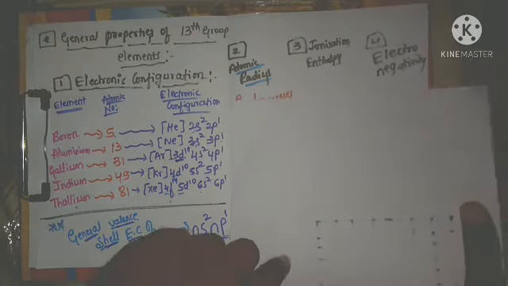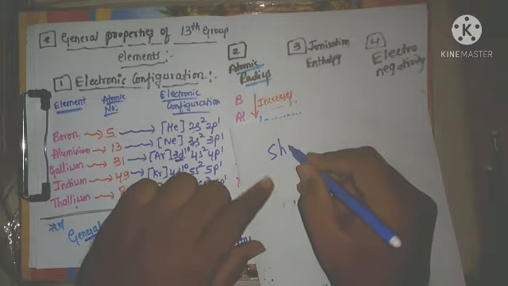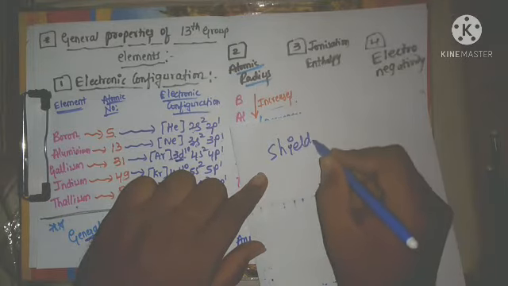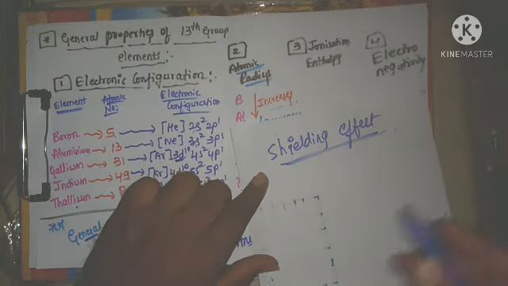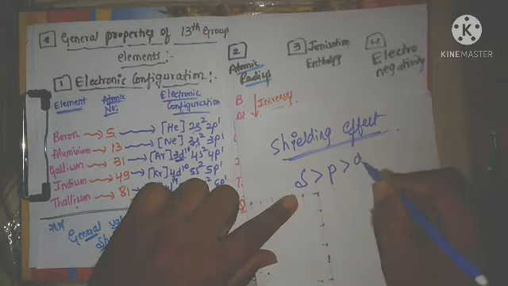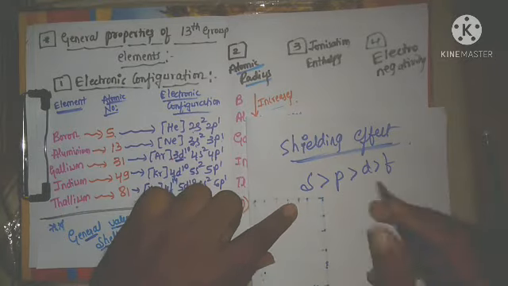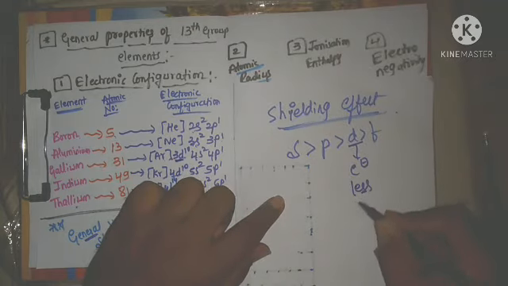Which electrons are coming? D electrons. What is the order of shielding effect? We have discussed the shielding effect. S has much more shielding effect than P, than D, than F. Here D electrons are involved, meaning less shielding effect.